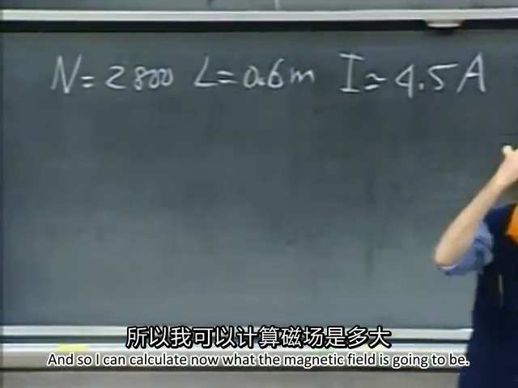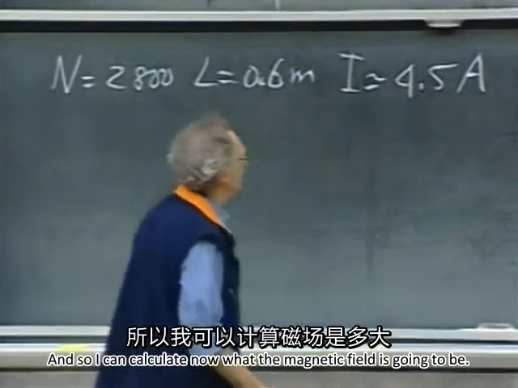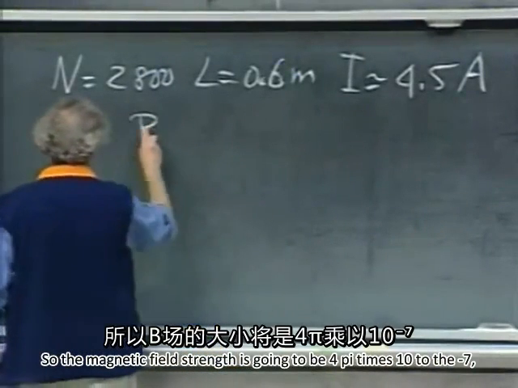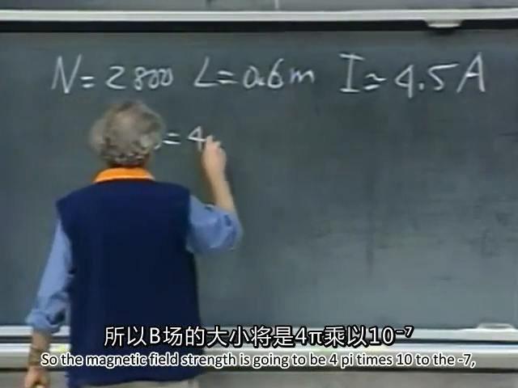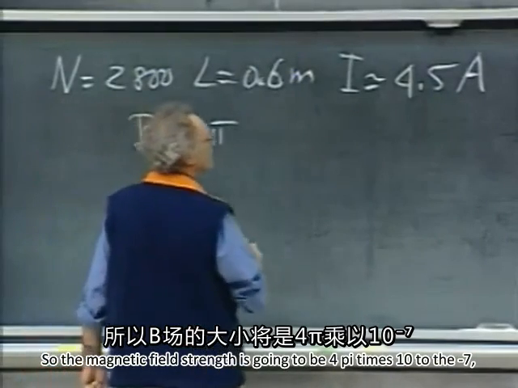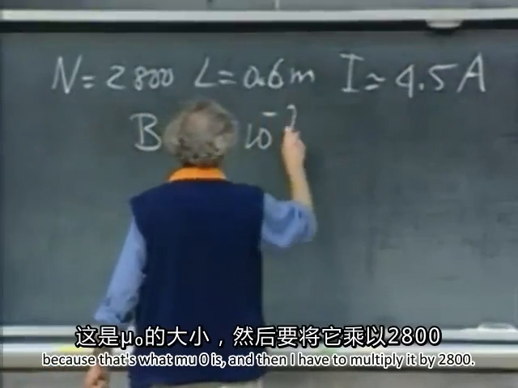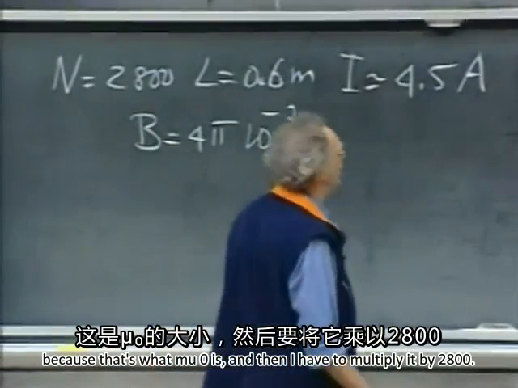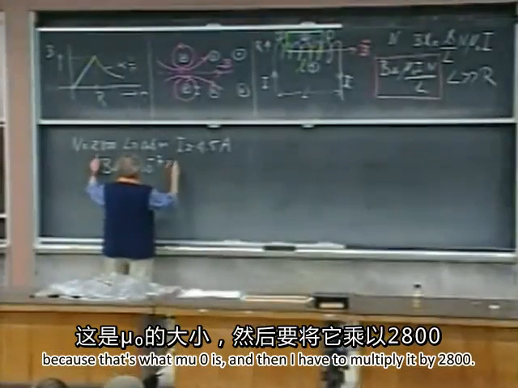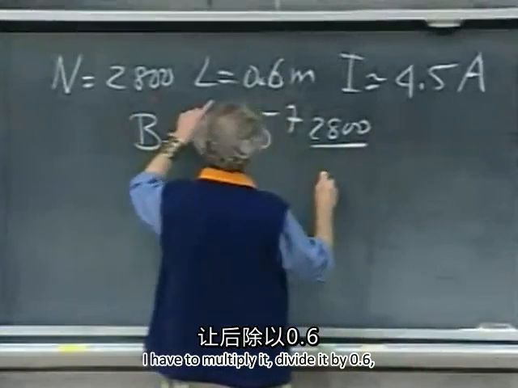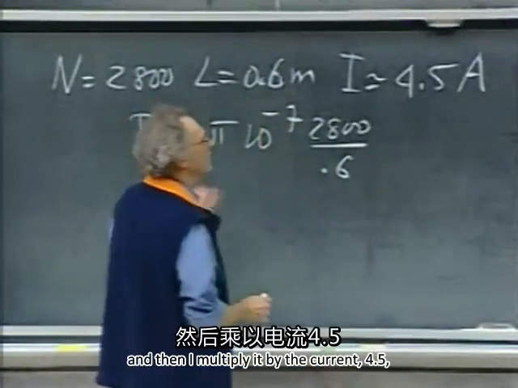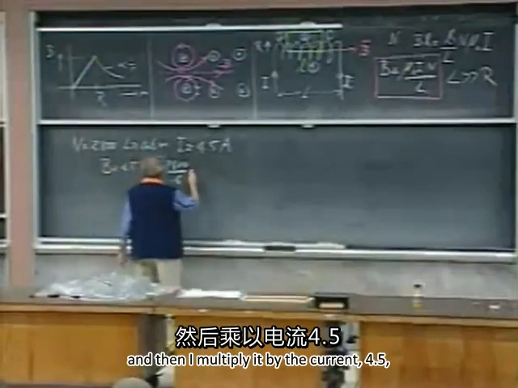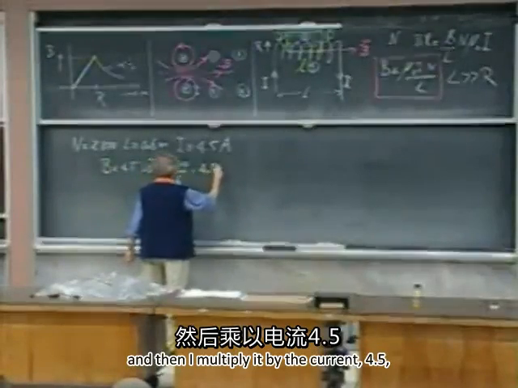And so I can calculate now what the magnetic field is going to be. So the magnetic field strength is going to be 4 pi times 10 to the minus 7, because that's what mu 0 is. And then I have to multiply it by 2800, divide it by 0.6, and then multiply it by the current, 4.5.